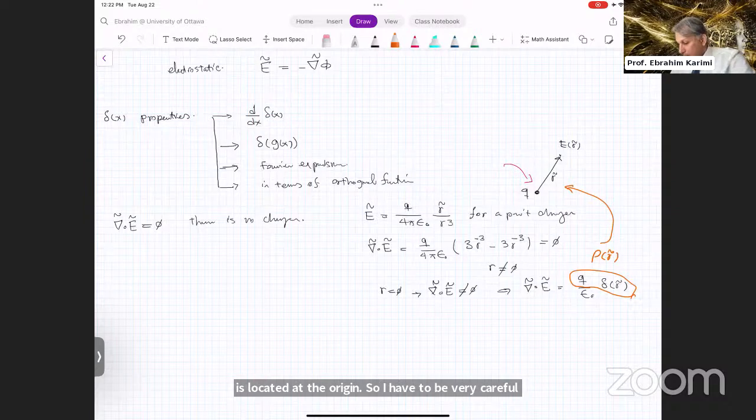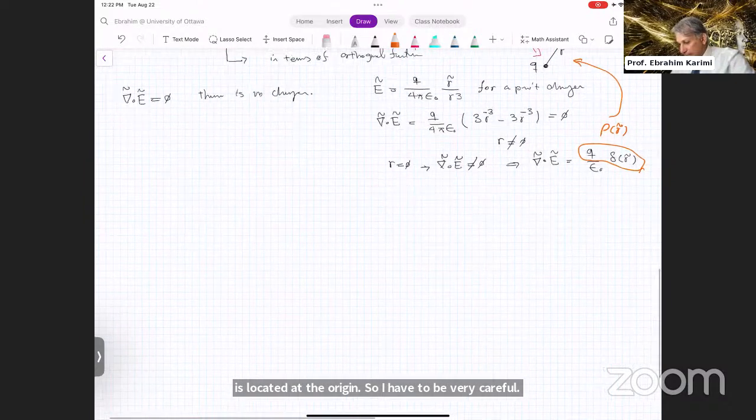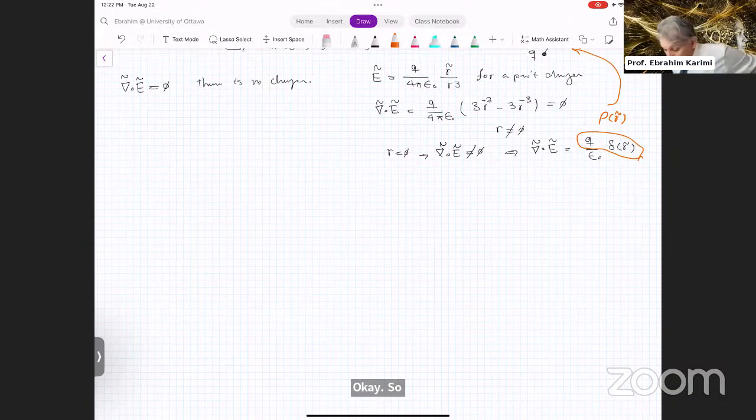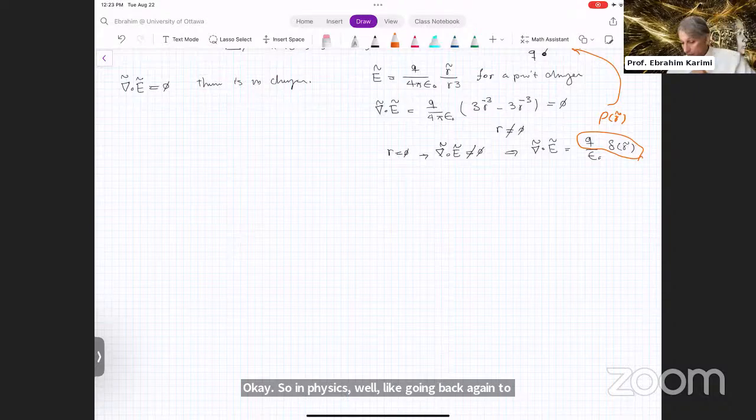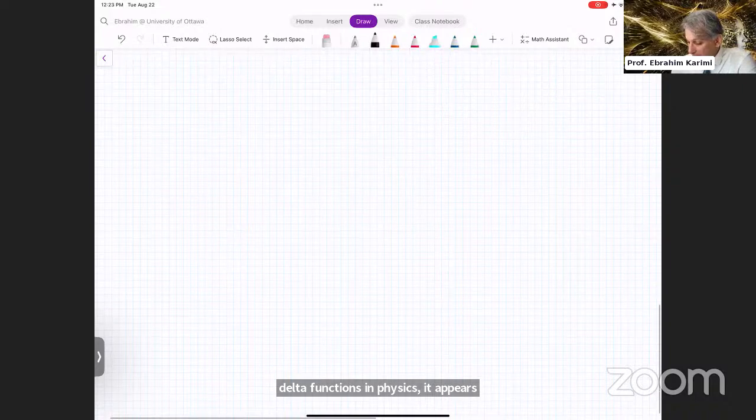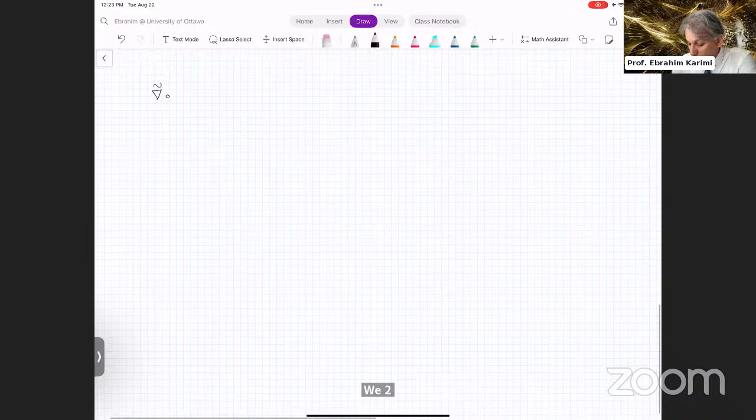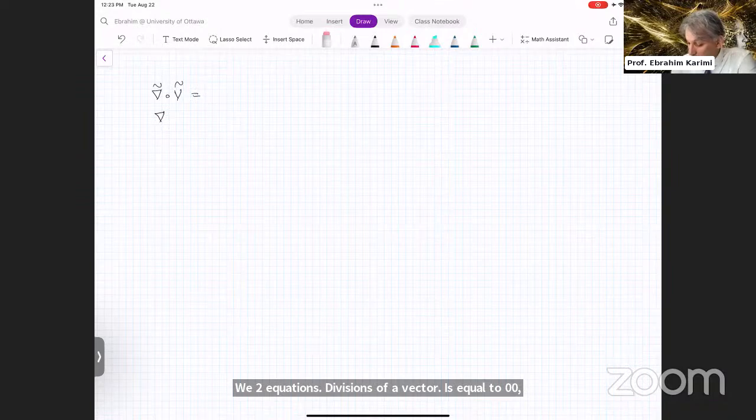Okay. So in physics, going back again to Maxwell equations, and knowing that delta functions appear in physics, it appears many times that you are dealing with two equations. The divergence of a vector is defined.